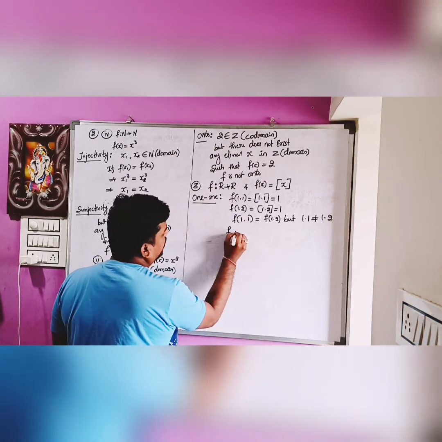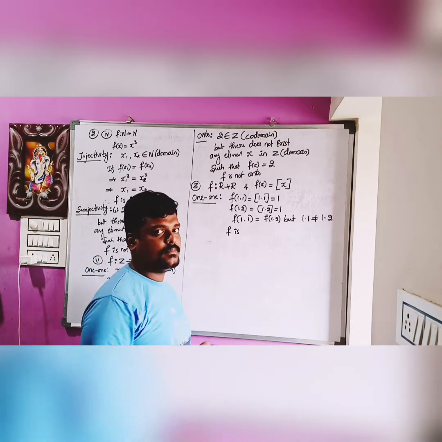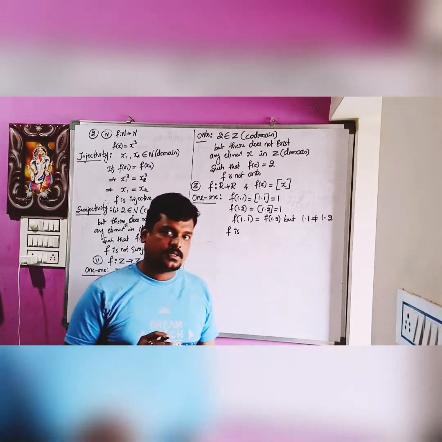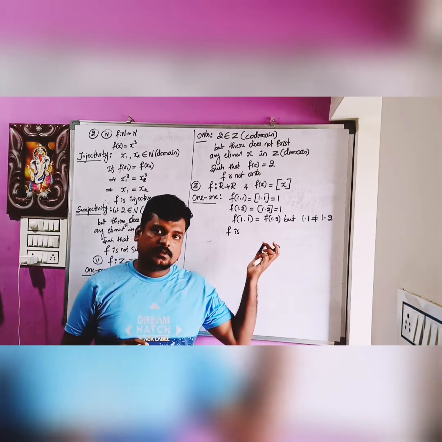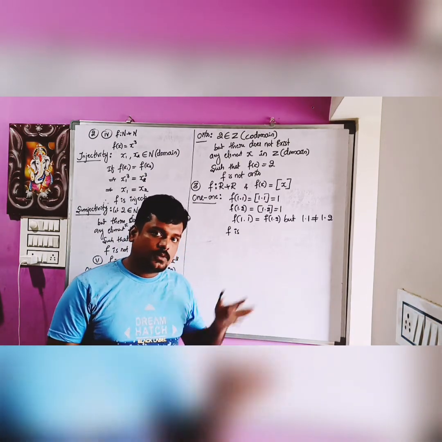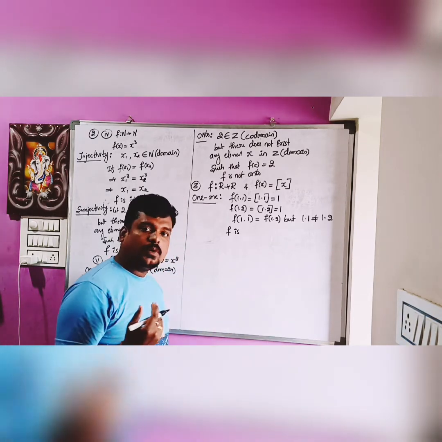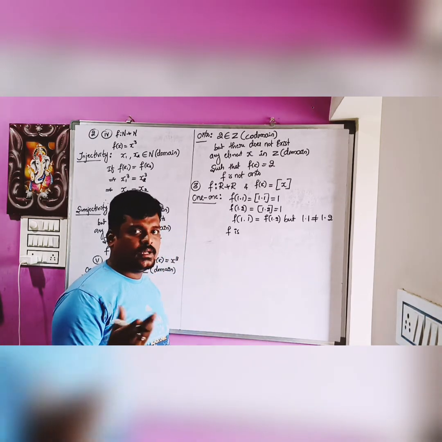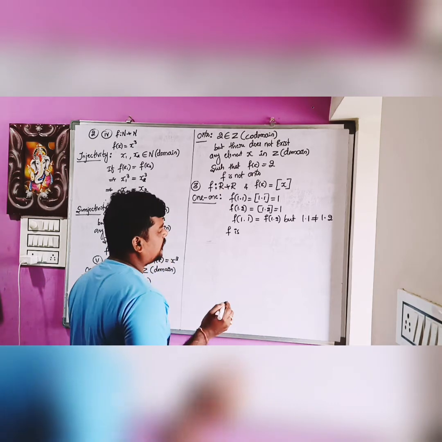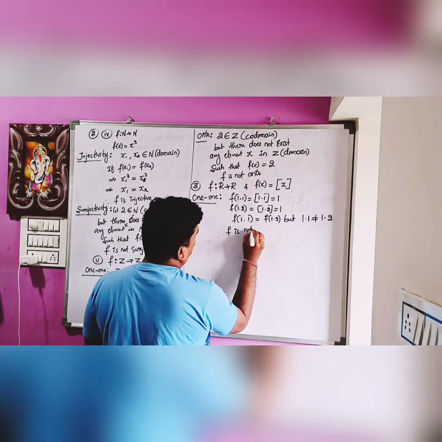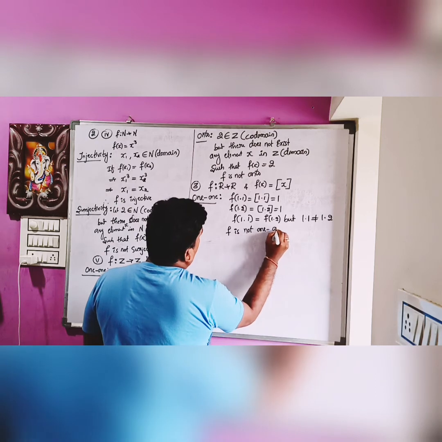This is enough for saying that. It is only one example, but we can give other examples also, like 1.3, 1.4, 1.5, 2.1, 2.2. So f is not one-one.